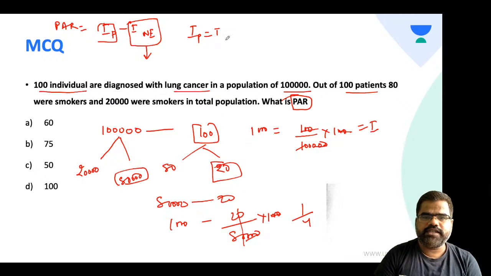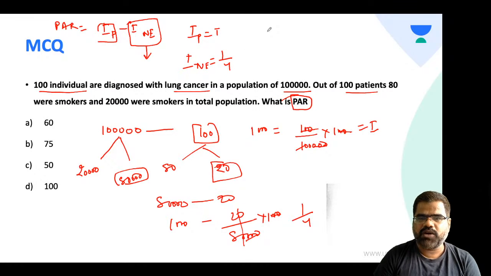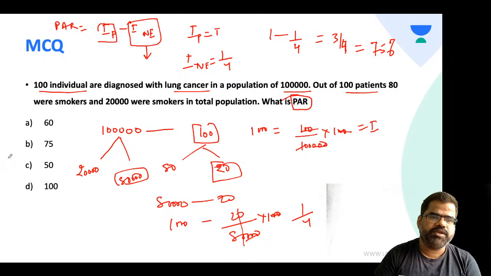Now your incidence in the non-exposed group is 1 by 4, and 1 is your population incidence. Now 1 minus 1 by 4, which is the formula, becomes 3 by 4. If you convert this into percentage, it will be 75%. So your answer should be B.